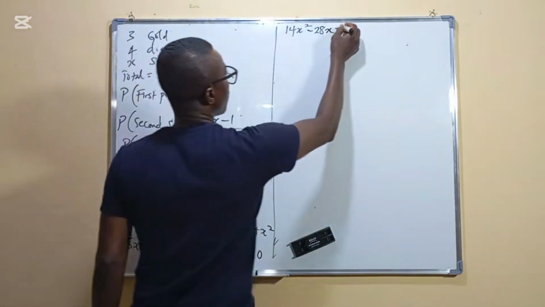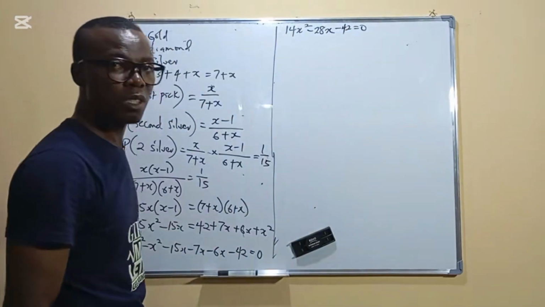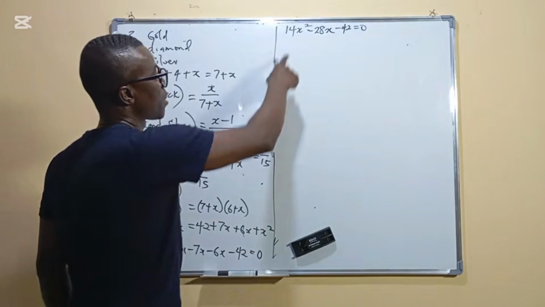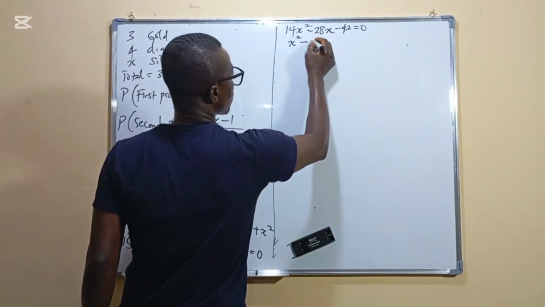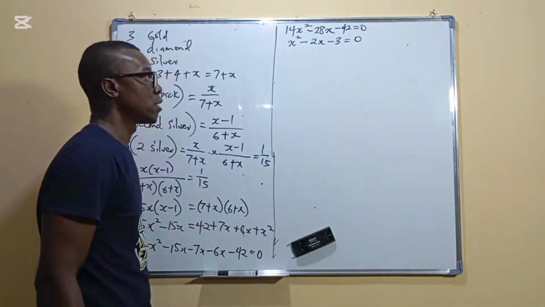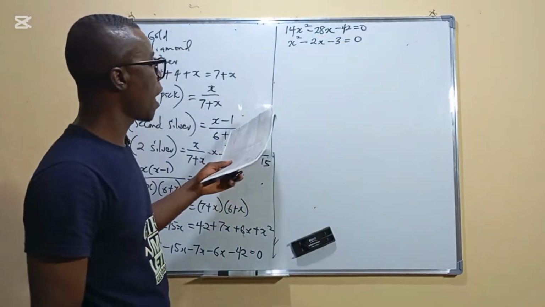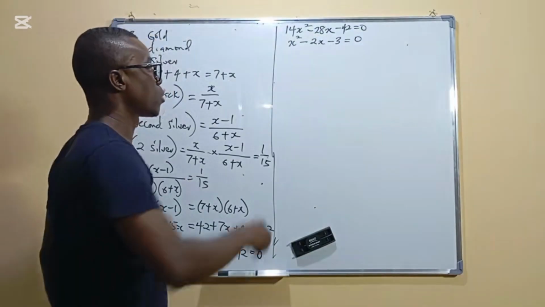And then I have minus 42 equal to 0. So you can see that I think you can still reduce this to its lowest term. If I divide through by 14, I'm going to have x squared minus 2x minus 3, which is equal to 0.